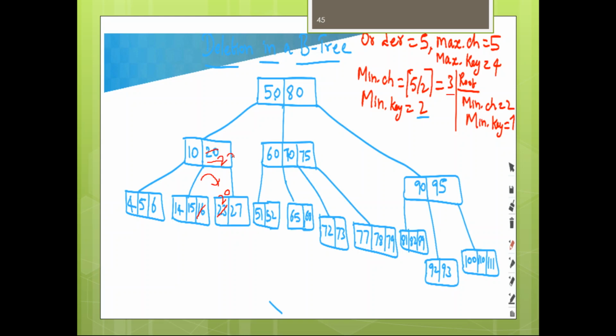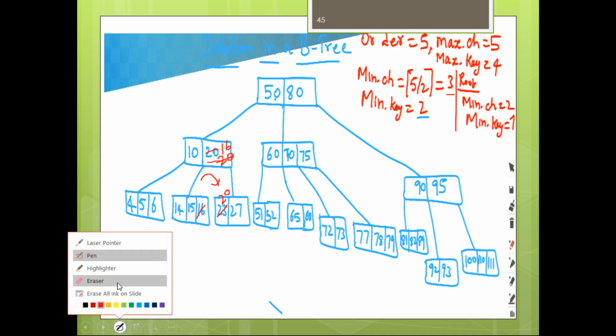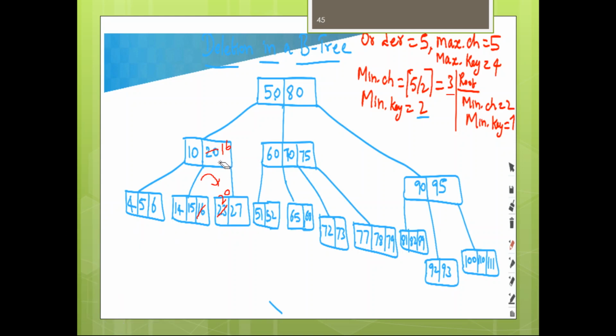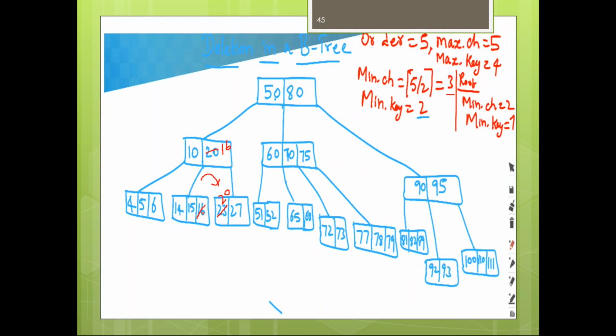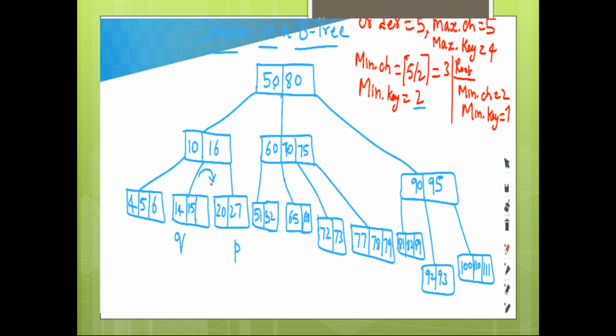After this, the deficiency is removed. So this is the updated tree. 14, 15 and 16 go to the top.